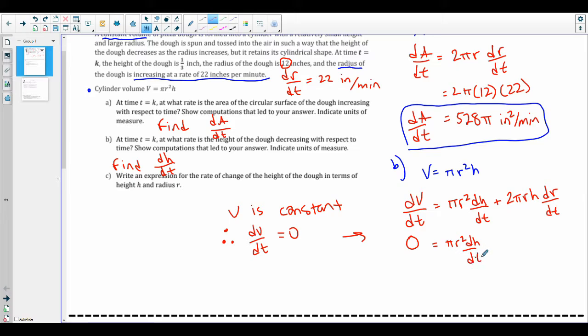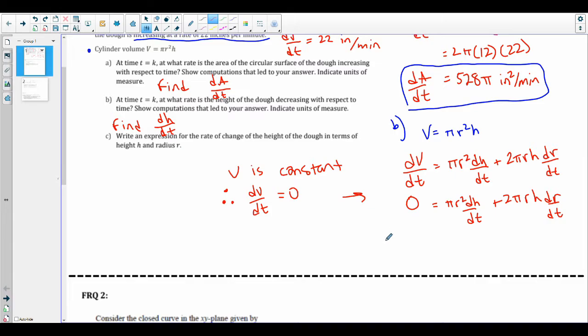And we need to solve for dh/dt. So a little bit of algebra. I'll save you the time here. You can work out the steps on your own if you need to. So dh/dt, if we solve for it, we should get negative 2 pi r h all over pi r squared, dr/dt.